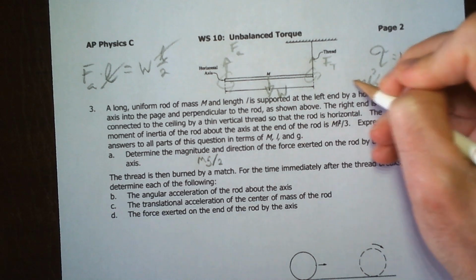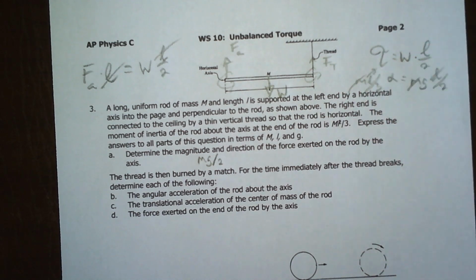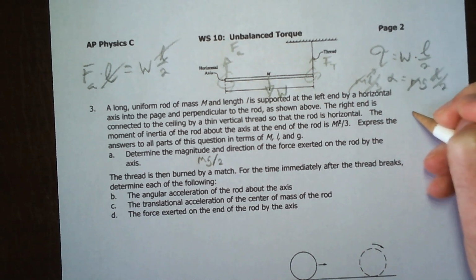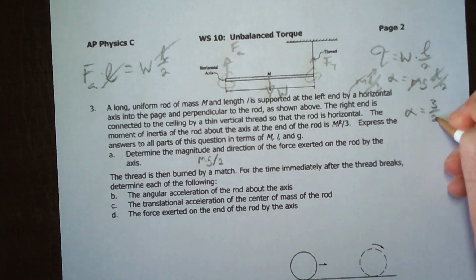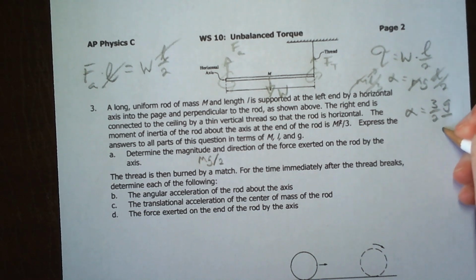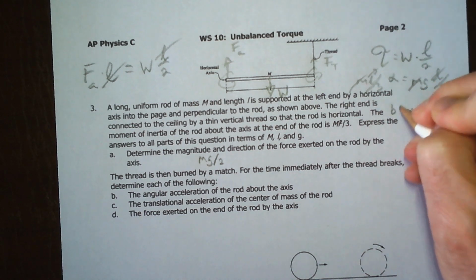So the m's will cancel, one of the L's cancels, and so I'm going to get the angular acceleration is equal to, let's see, multiply both sides by 3, divide both sides by L, so it's going to be 3 halves g over L, and that's our answer to B.